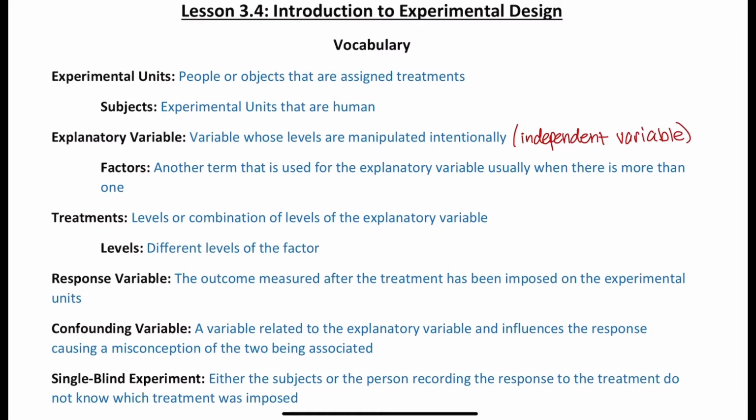And another way we can describe explanatory variables are factors. So this is usually just when there's more than one variable being manipulated, and we can also think of factors as a type or category of treatments.